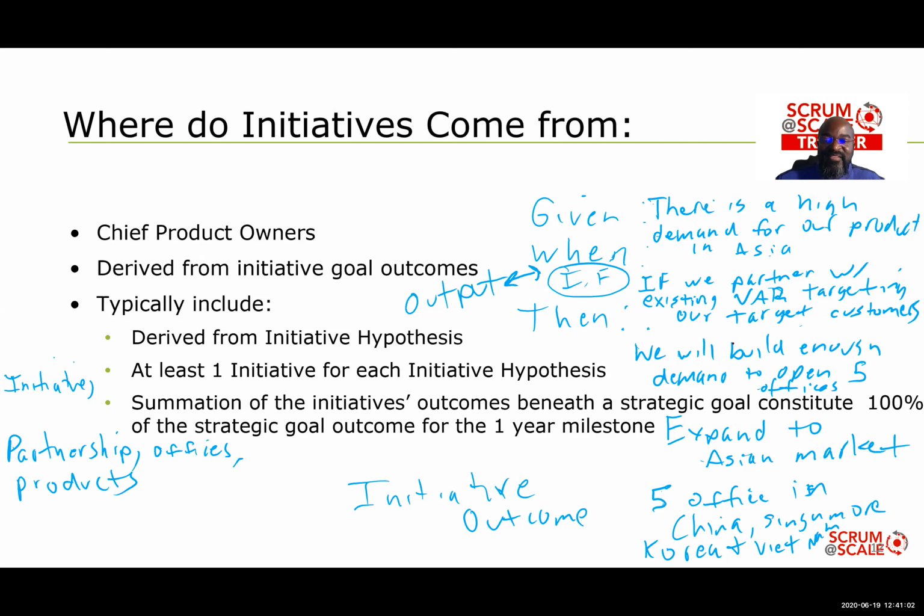So that was our hypothesis. In order to create the initiative and name it correctly, we think about, from a customer perspective, what value do they receive from us having these 5 offices open in Asia?